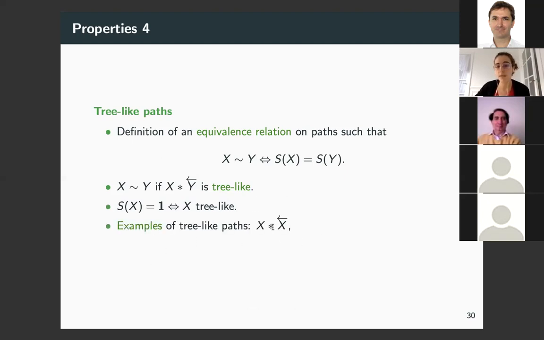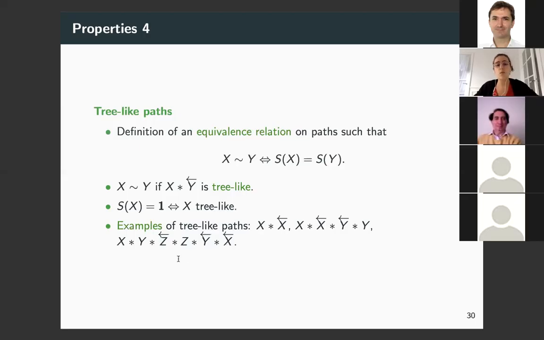We have already seen one. For example, X concatenated with X backwards is tree-like. But we can again concatenate another path with itself backwards like this, and we can also do something more complicated. If you consider this last path, with Chen's formula, the signature is just the tensor product of all the signatures, and Z backwards just cancels with Z, then Y cancels with Y and X cancels with X backwards.